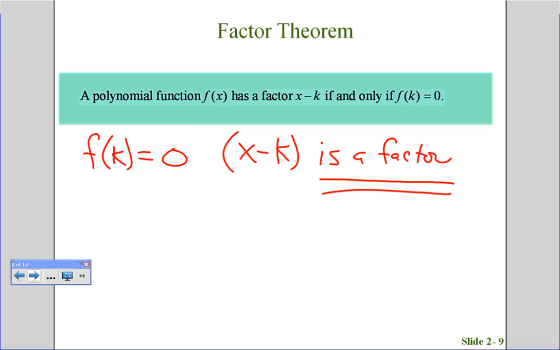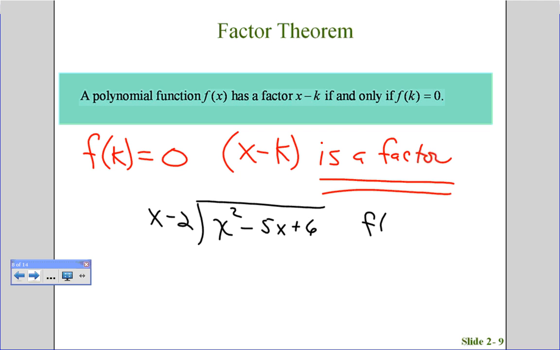So, for example, if I have the polynomial x squared minus 5x plus 6, and I divide it by x minus 2, I can first evaluate this by plugging in f of 2, and when I do that, I get 2 squared minus 5 times 2 plus 6, which is 4 minus 10 plus 6, and sure enough, that equals 0.